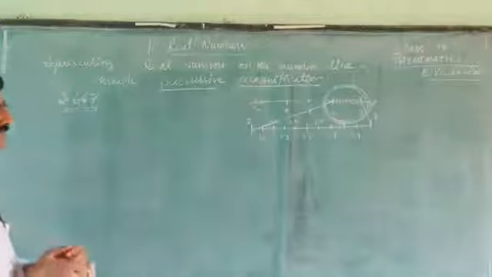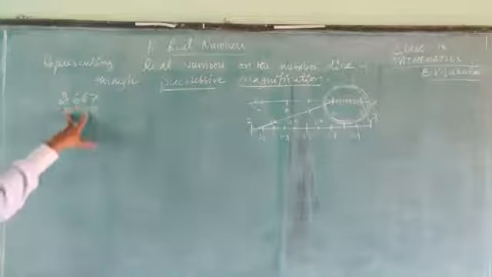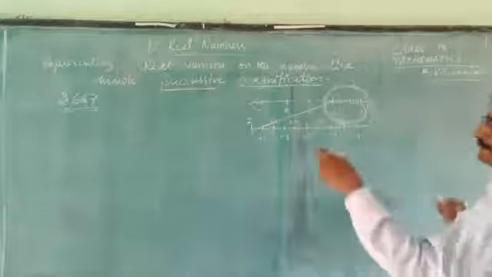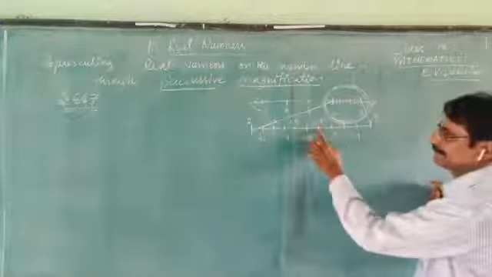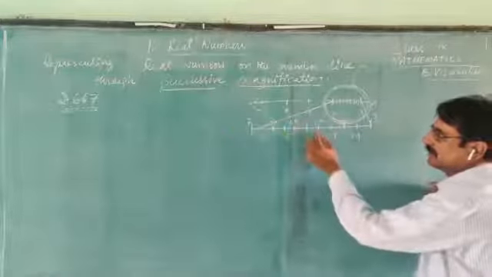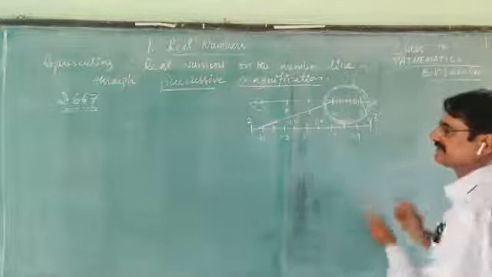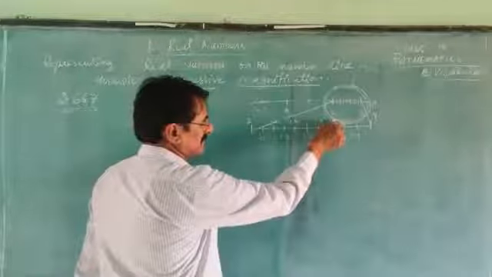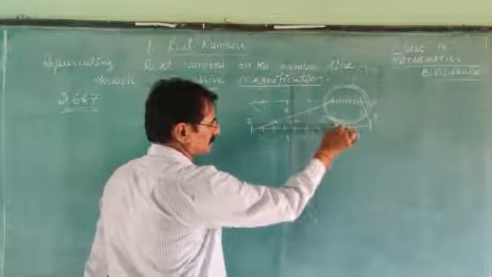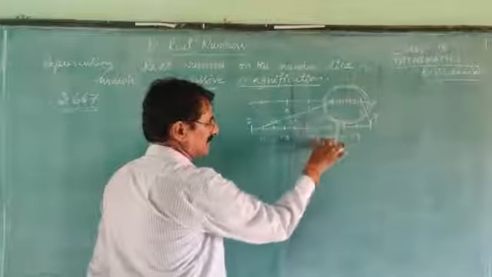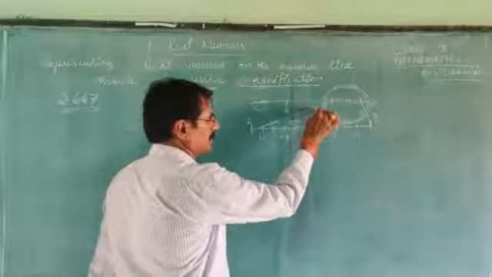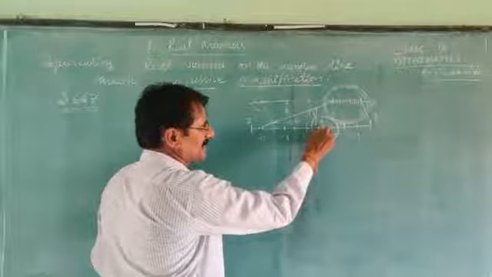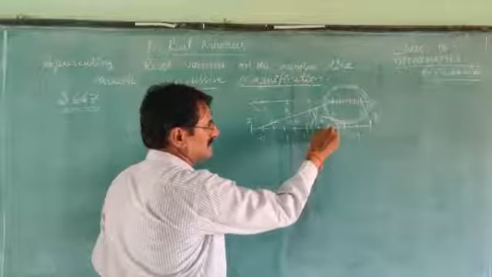Now we observe again: this number is between which two points? 2.6 here. So that number is more than 2.6 and less than 2.7. Again, we focus on this portion, put the glass here only, and divide this portion again into 10 equal parts.